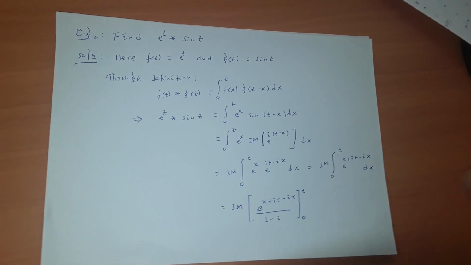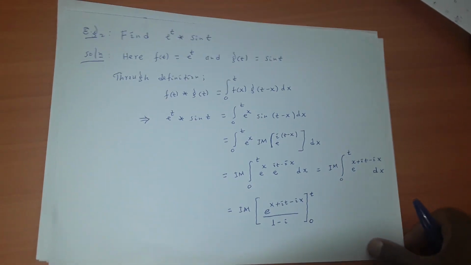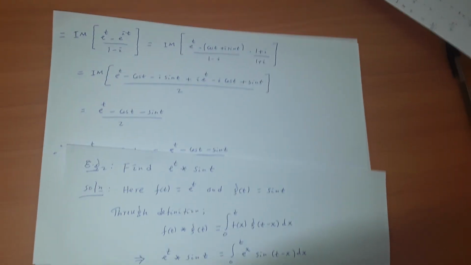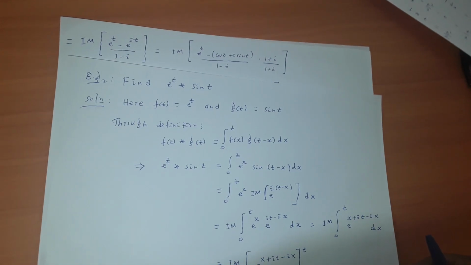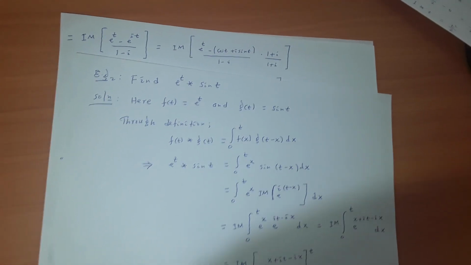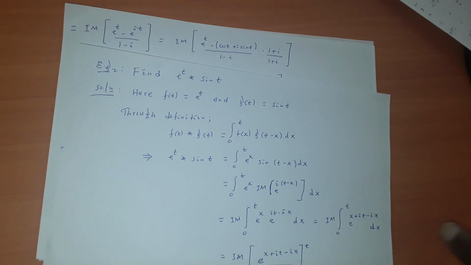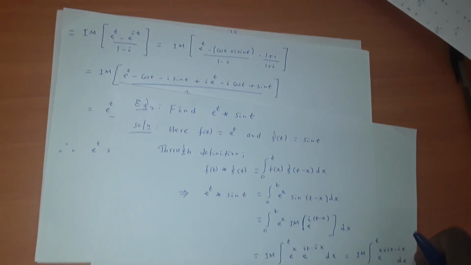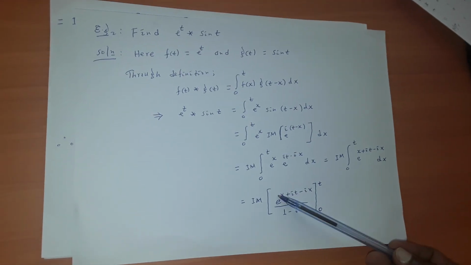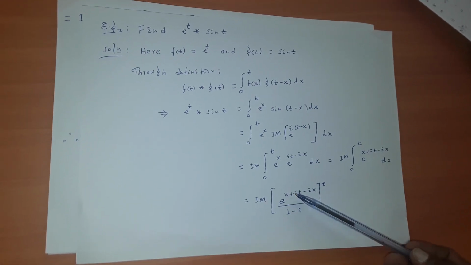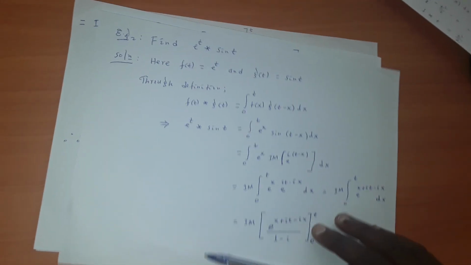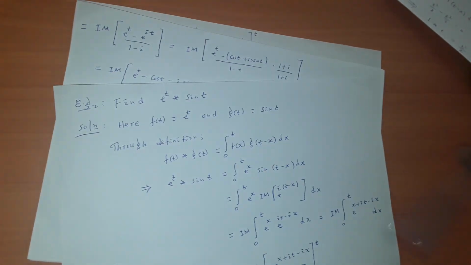Then finally we assign the specific values, at x equals t and at x equals 0. At x equals t, t plus it minus it is 0, so e raised to it remains. That's why we have e raised to it in this case.